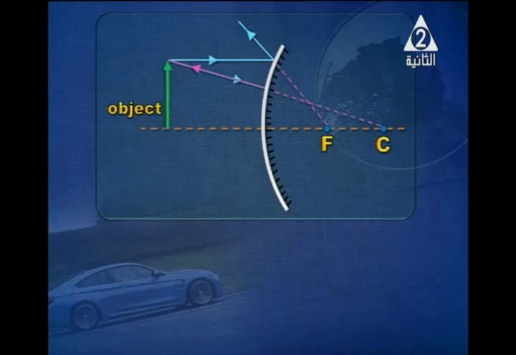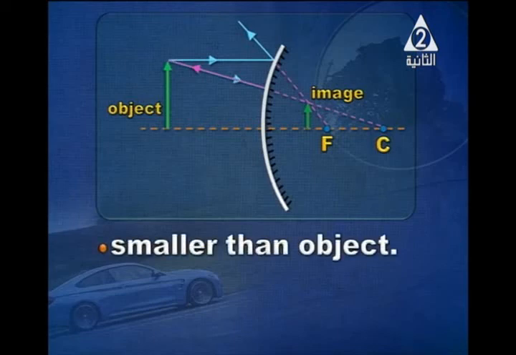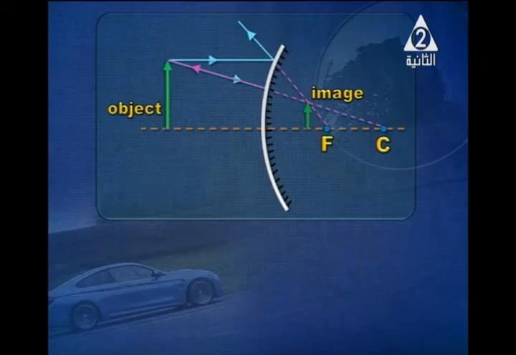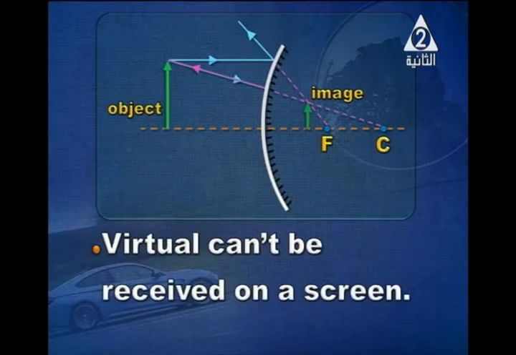These rays will diverge, and then we take the extensions, so the image is formed behind the convex mirror. This image is smaller than the object, upright, virtual, and can't be received on a screen.